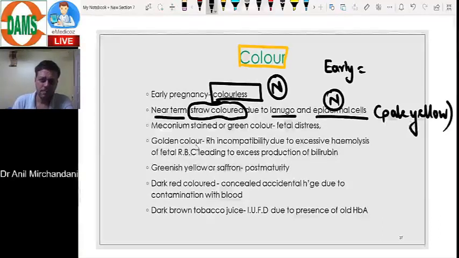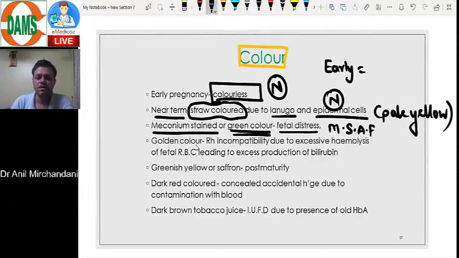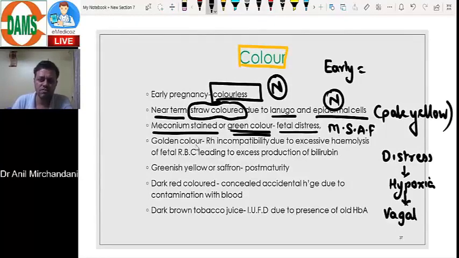Then green color. Green is seen in conditions where there is meconium stained amniotic fluid. It's a marker of fetal distress. Remember, whenever there is distress, that means hypoxia, that would lead to vagal nerve stimulation, that would lead to bradycardia and increased intestinal motility.